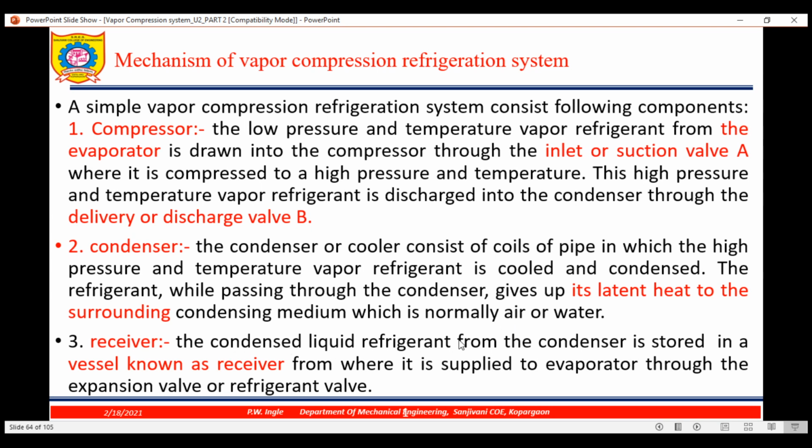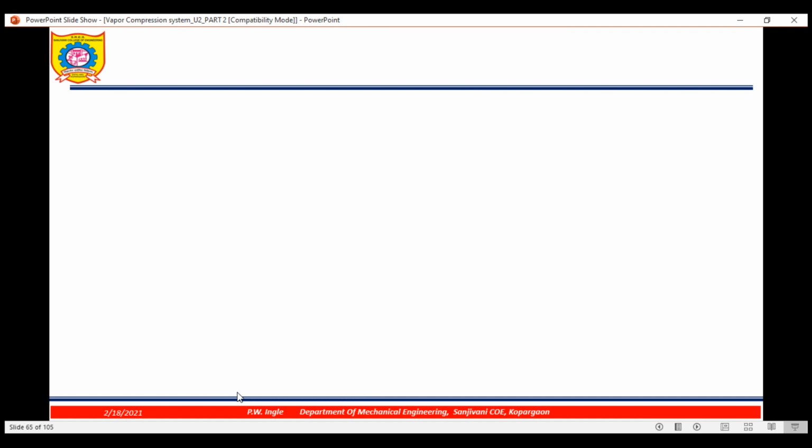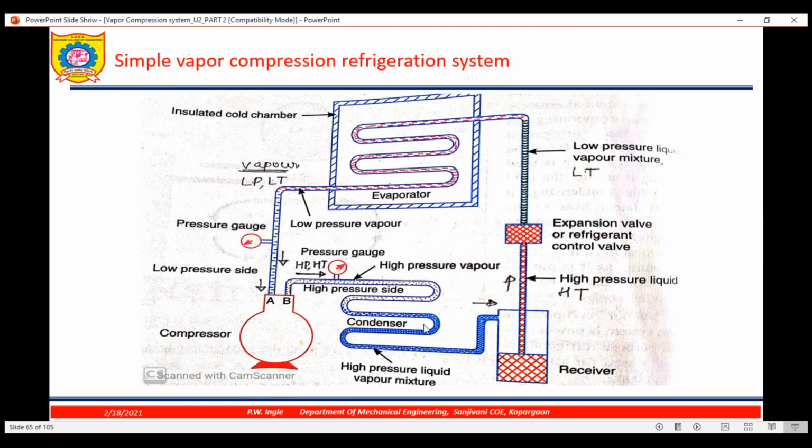Now receiver is what? It is the vessel in which the condensed liquid refrigerant from the condenser is stored, and from where it is supplied to the evaporator through the expansion valve or refrigerant valve. Then it goes to the expansion valve where pressure will be reduced.